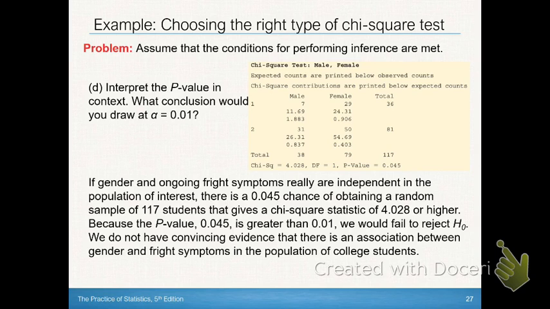Because that value is greater than our alpha value of 0.01, we fail to reject our null and we don't have convincing evidence that there's an association between gender and fright symptoms. Notice if we changed our alpha value, then we might be in a different position in our conclusion, but based on our alpha value of 0.01, this is the conclusion we're making.